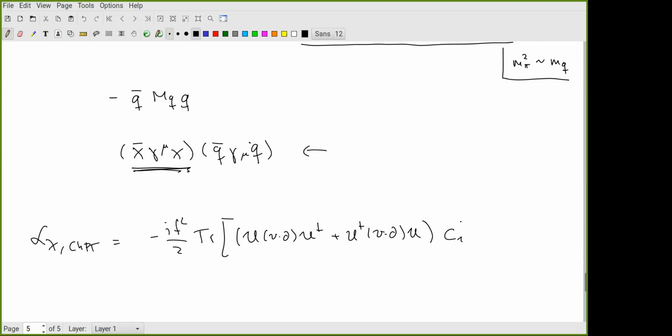So here it's our C16 in terms of our non-relativistic dark matter fields. This V is essentially the V mu that came from the non-relativistic limit of the vector current, and it's contracted here with the derivatives that act on the pion fields.